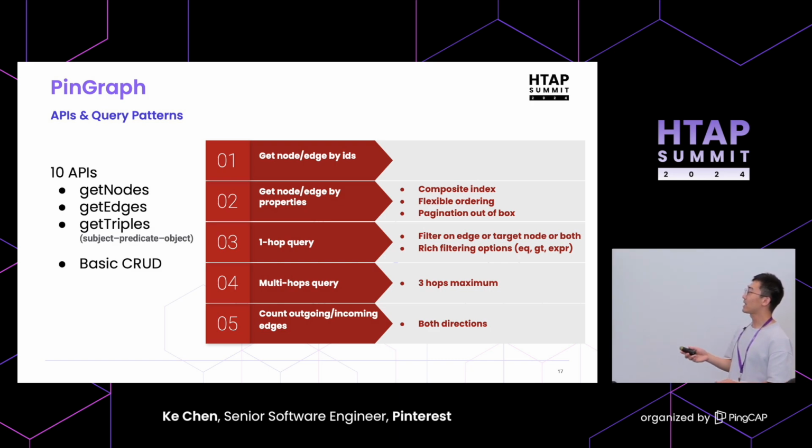And for the first time, we supported multi-hop queries. It's still in the experimentation phase, and since it's still an online query, we limited our maximum hops to 3, just to ensure the latency is still reasonable as an online request. Last but not least, similar to Zen, we support efficient queries to count how many outgoing edges from a node or how many incoming edges to it.